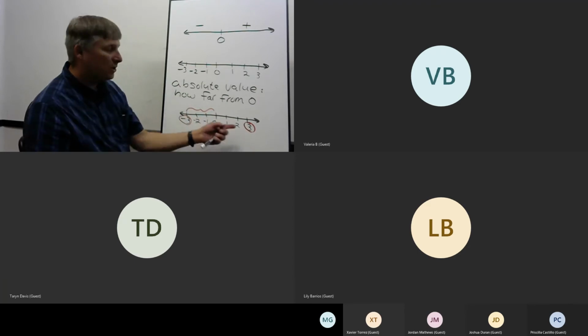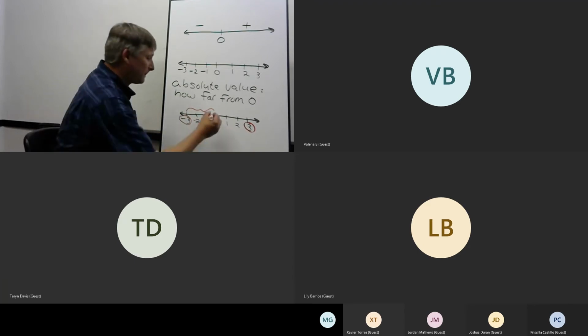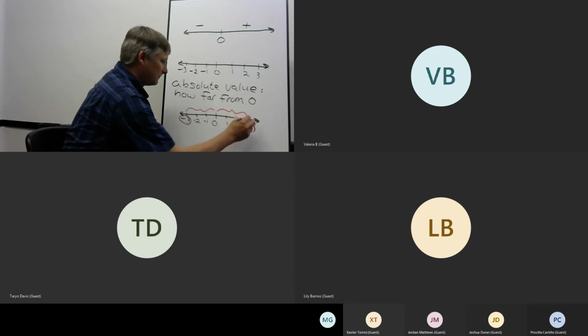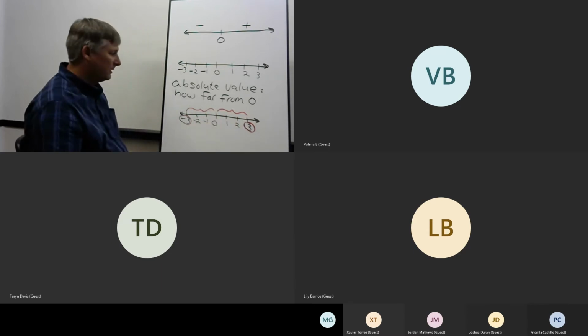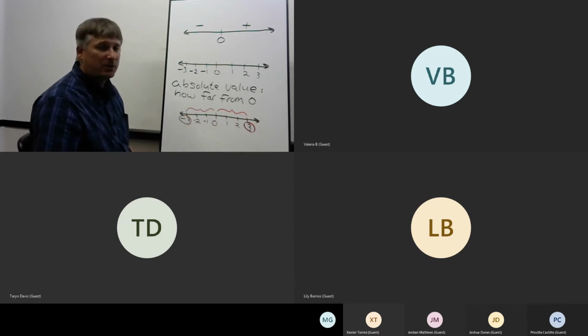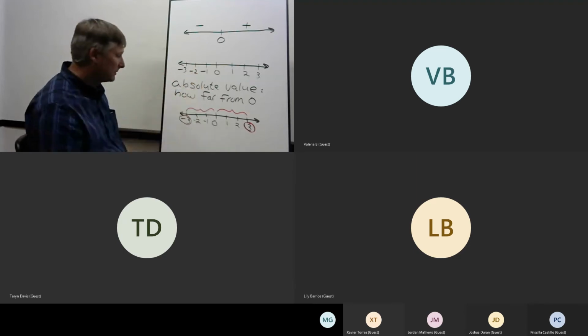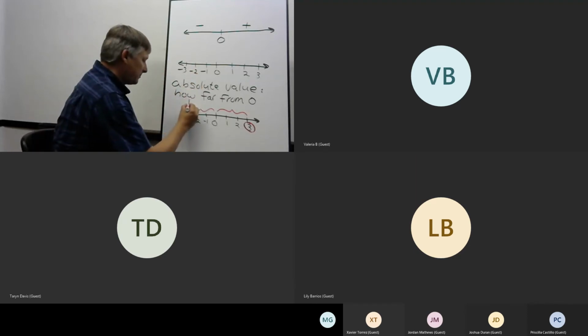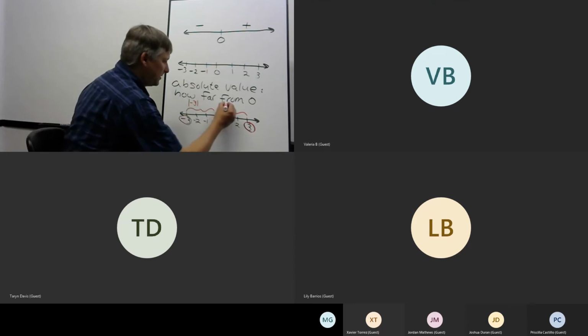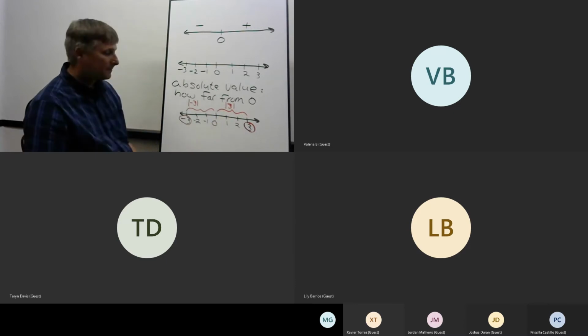And 3 is also 3 units away from 0. 1, 2, 3. Now we represent absolute value by using 2 bars. We put a bar on each side of the number. So the absolute value of negative 3 would look like this. And the absolute value of 3 is going to look like that.